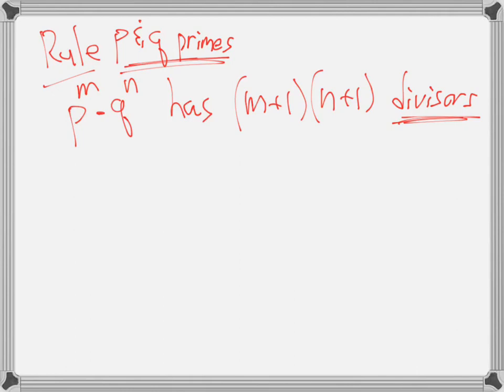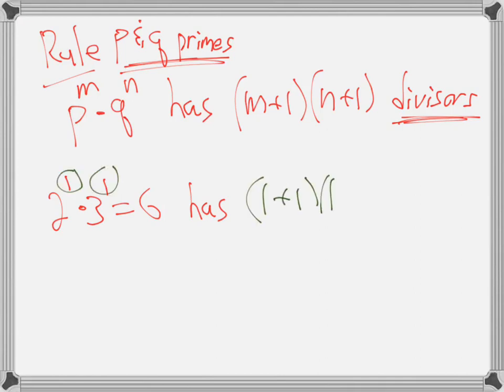If you have a couple of primes with powers, if you add 1 to each of those powers and multiply those, that'll be how many divisors. So for example, 2 to the 1 times 3 to the 1, which we know is 6, has 1 plus 1 times 1 plus 1, meaning 2 times 2, 4 divisors.